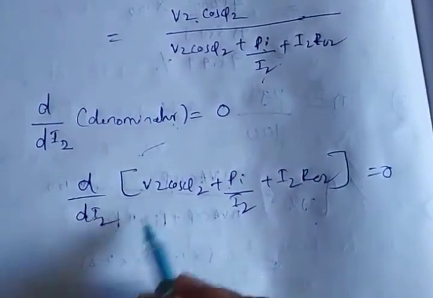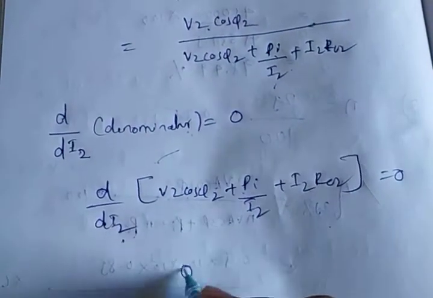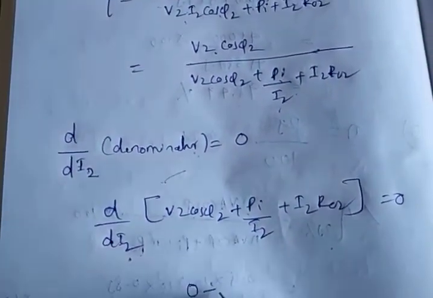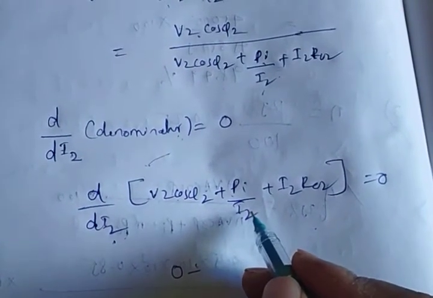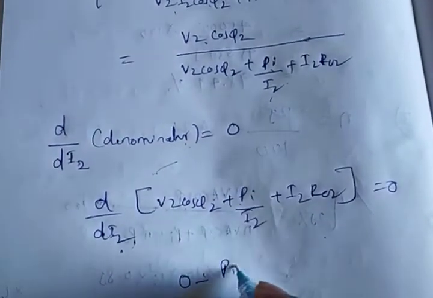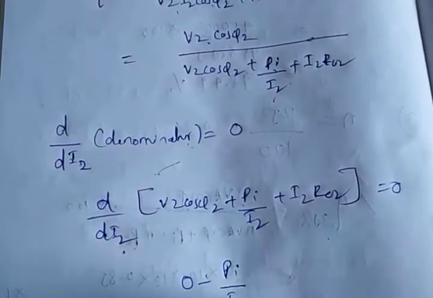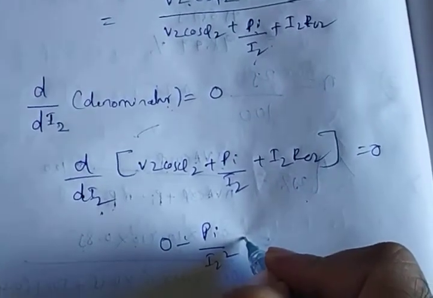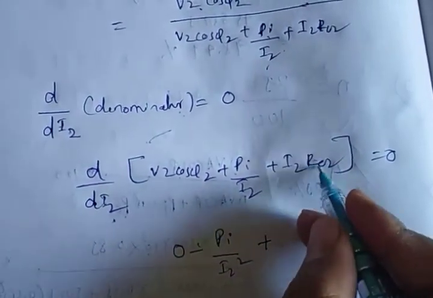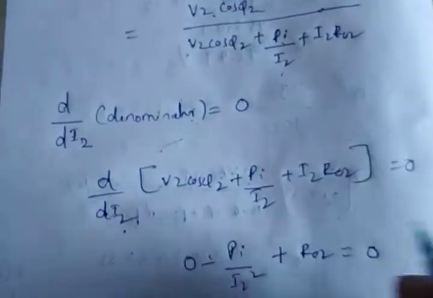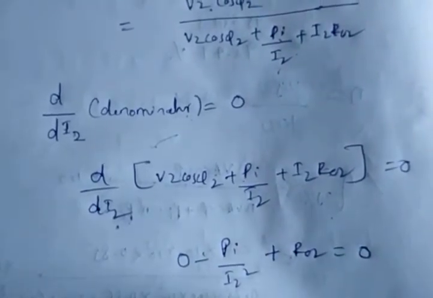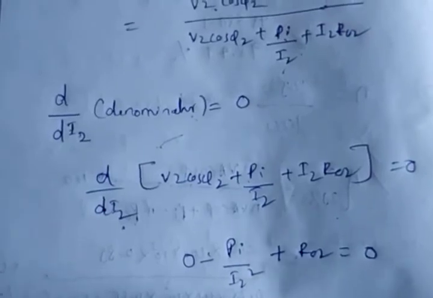Differentiation of V2 cos φ2 with respect to I2 gives 0, minus PI by I2 square, because the differentiation of 1 by I2 gives minus 1 by I2 square, plus R02, equal to 0. Or simply PI by I2 square is equal to R02.